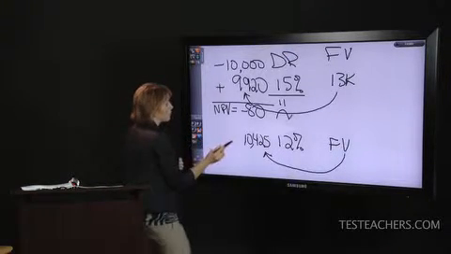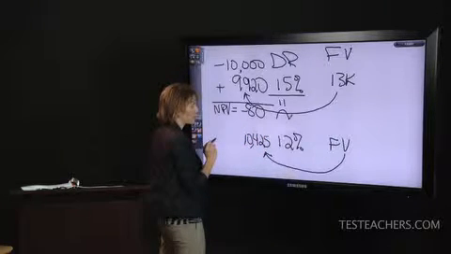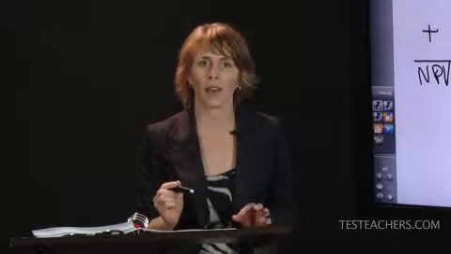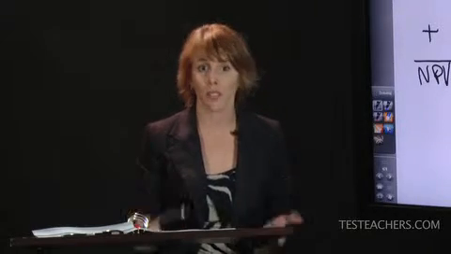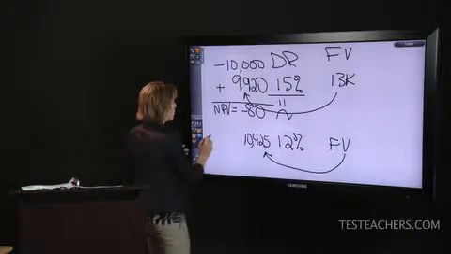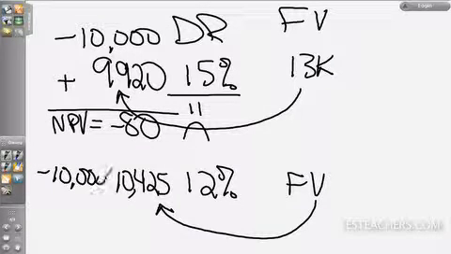Now, would you agree with me that somewhere between 12 and 15% is the discount rate at which the net present value is equal to 0? Would you agree that that had to happen? Because when we used the 12% discount rate, we had a net present value of $425.